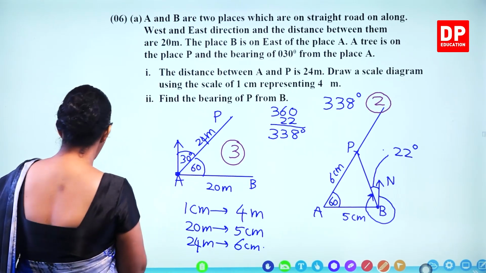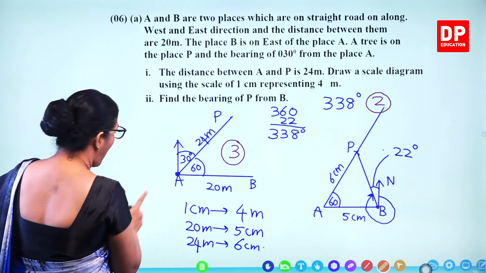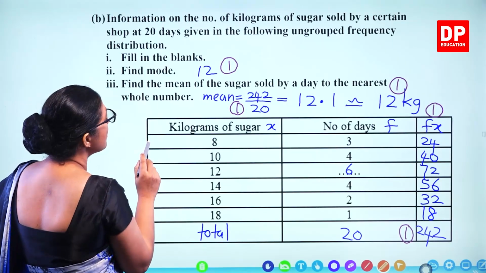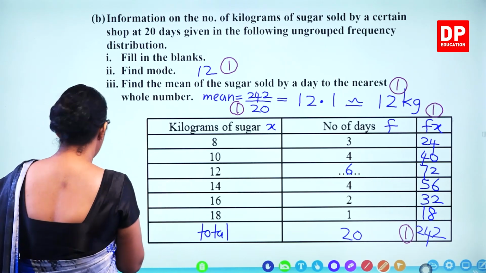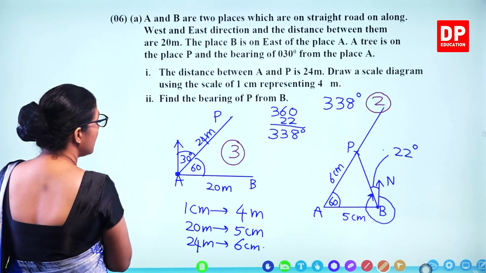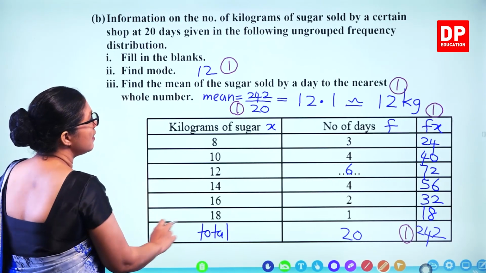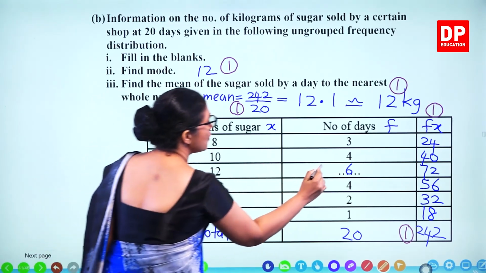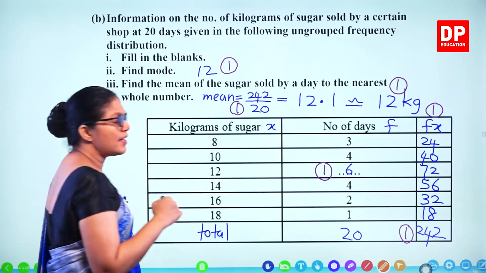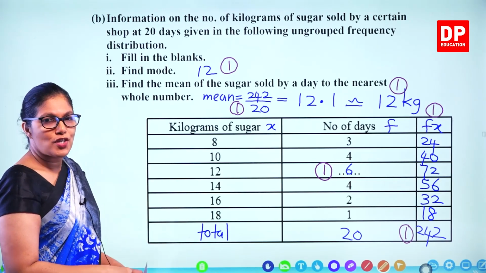And we need to give 1 more. And here we missed this mark. We have to give 1 mark to find out the 6. So altogether 11 marks for this question.